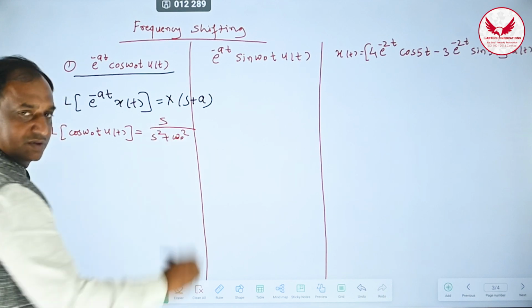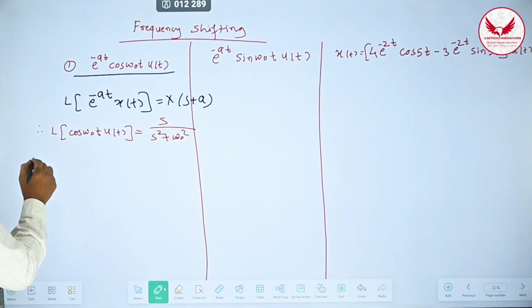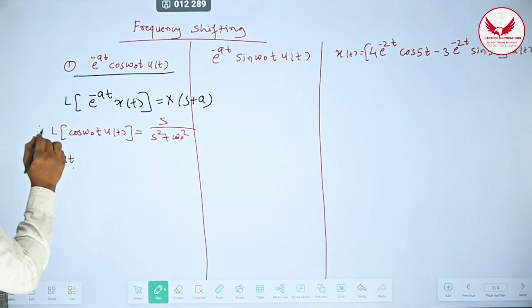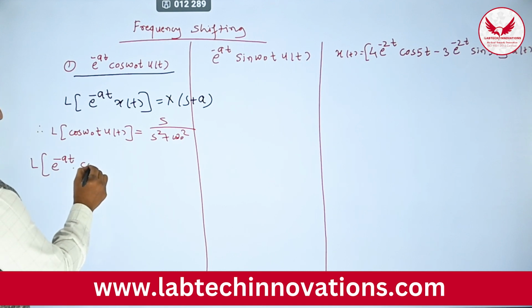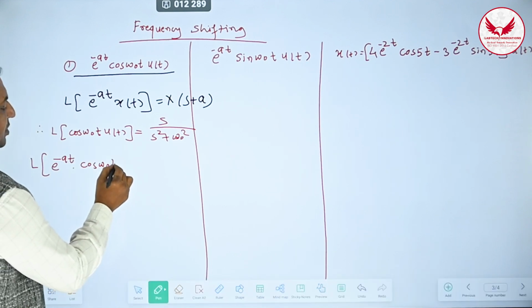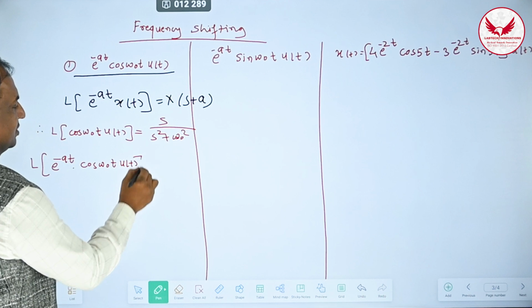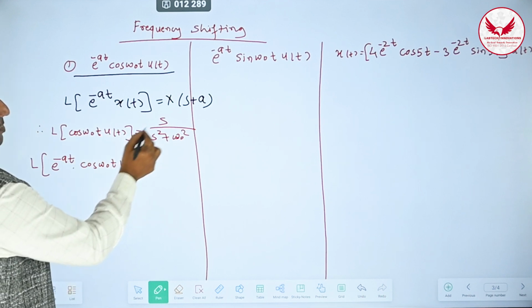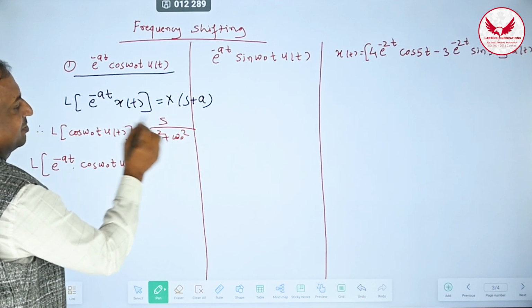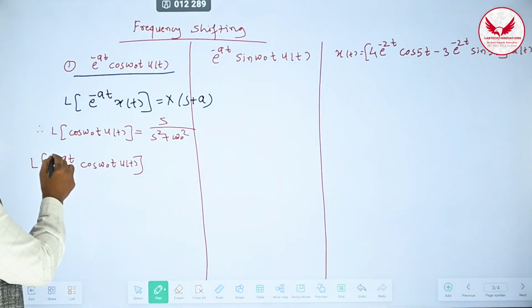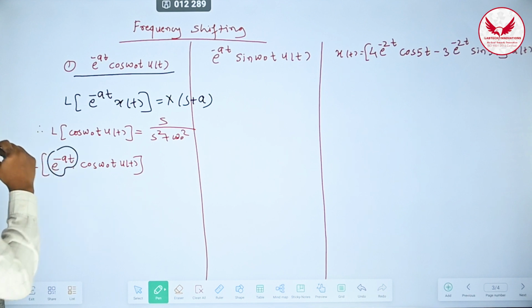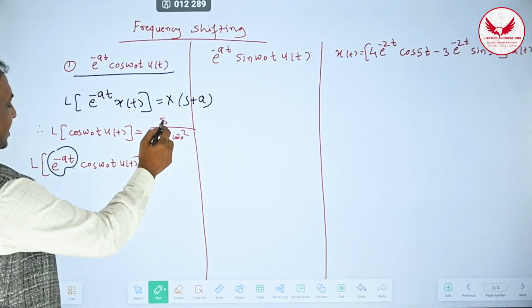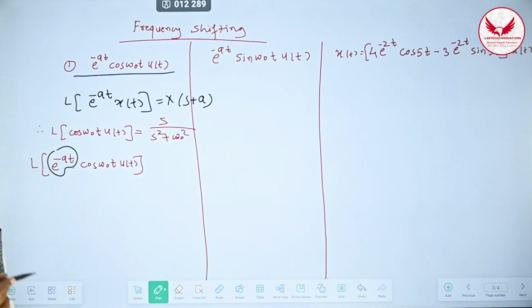Now this signal is multiplied in the time domain by e raised to minus at, so we have to apply the frequency shifting property. The Laplace transform of cos omega 0 t u of t, that is X of s, is s upon s square plus omega 0 square. Since it is multiplied by e raised to minus at, it is a frequency shift: wherever s is there, you replace it by s plus a.